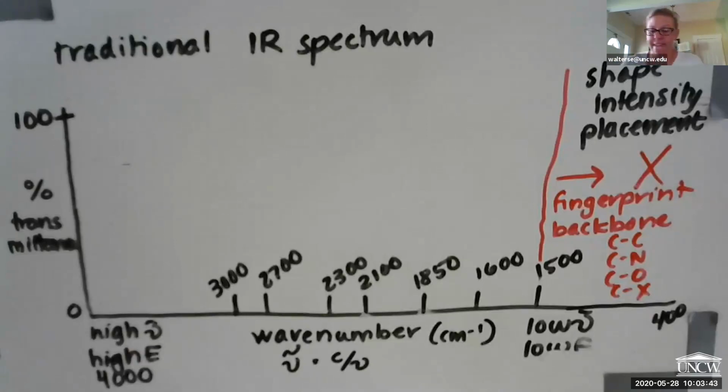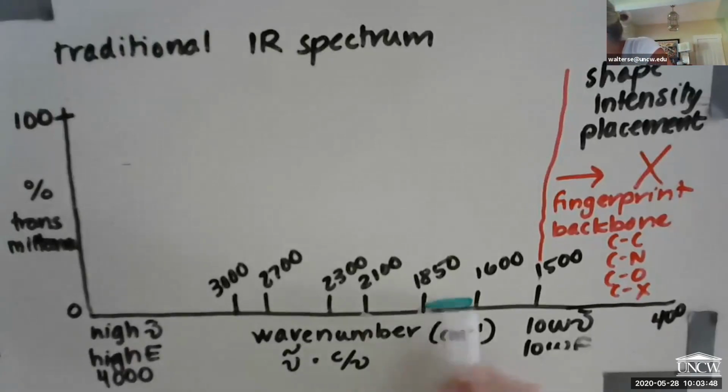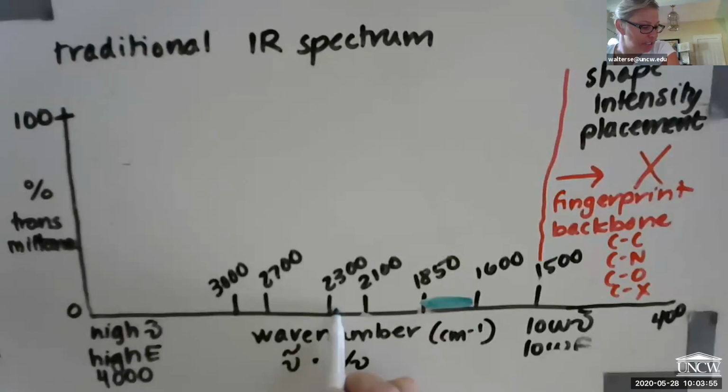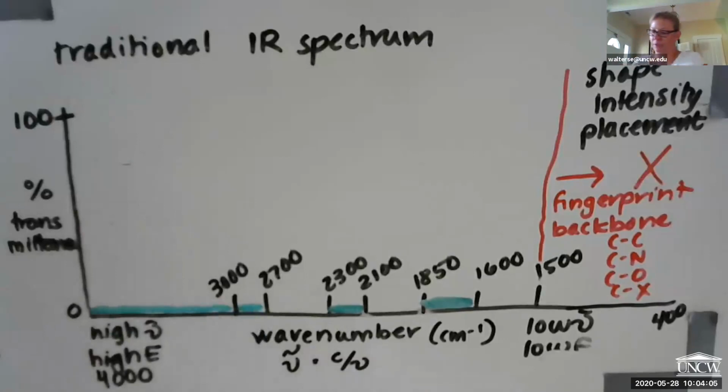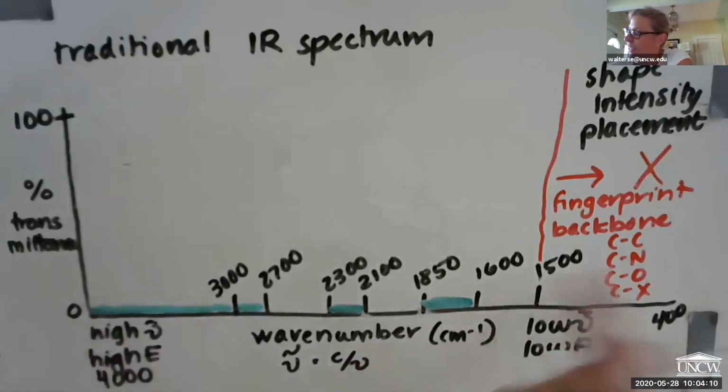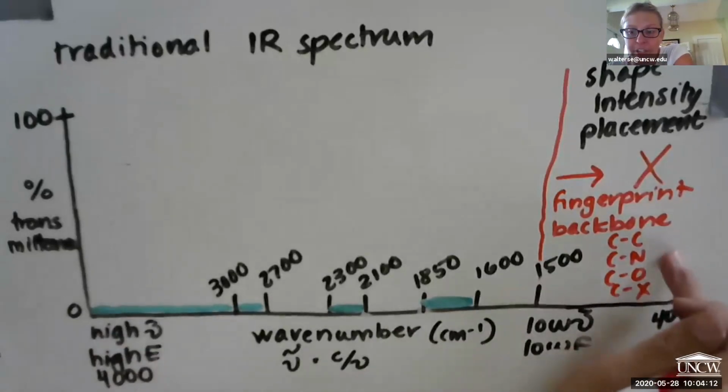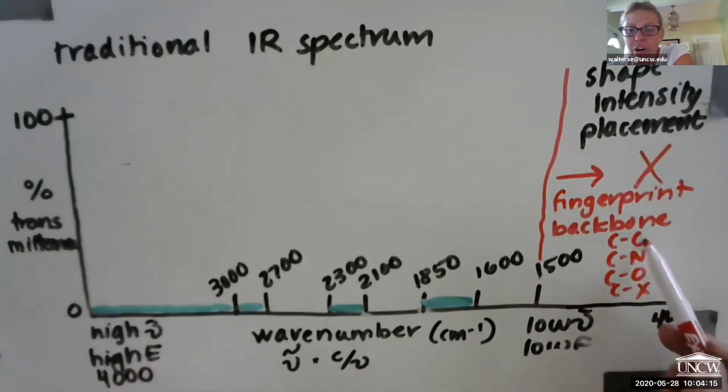Okay. Now the reason we have these numbers is you have a region of importance right here, a region of importance right here, and you have a region of importance that spreads all the way across here. Now I said that there were single bonds over here, but if you look, these are all single bonds to heavy atoms.